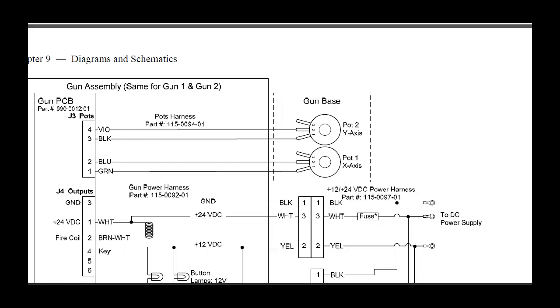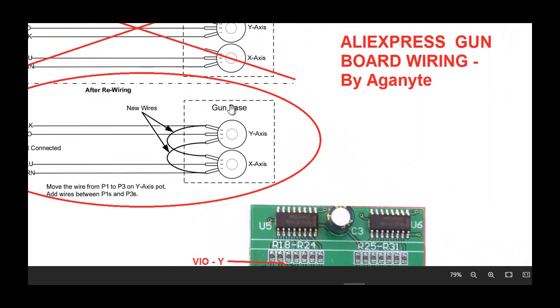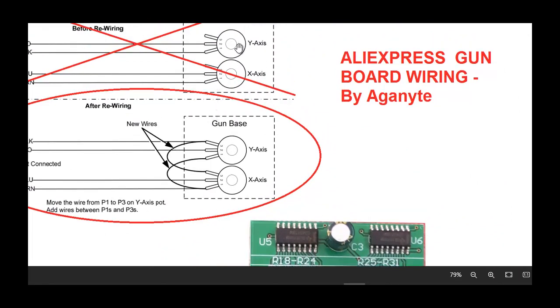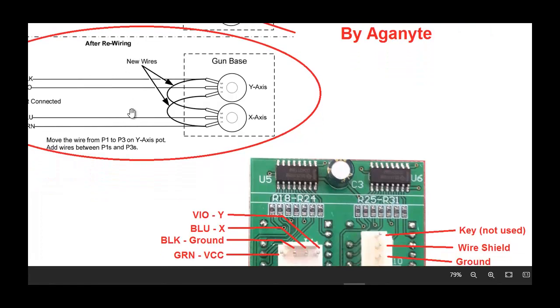Now we will see another way of connecting the gun. This is the wiring of the gun. Look at this. He connects between X axis and Y axis.